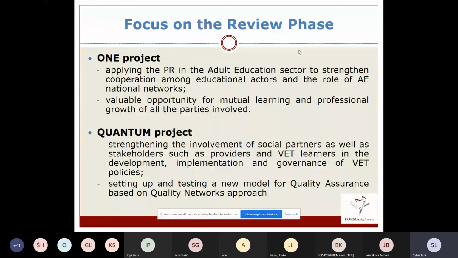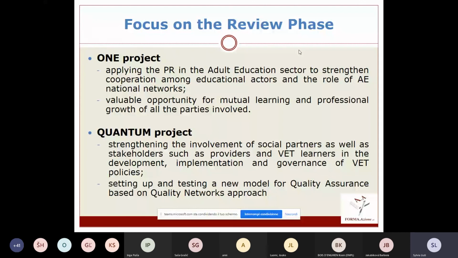It's something really in line with what I learned today, because it tries to open up to different key actors involved in the sector, not only the VET or adult education providers, but also the other key stakeholders.